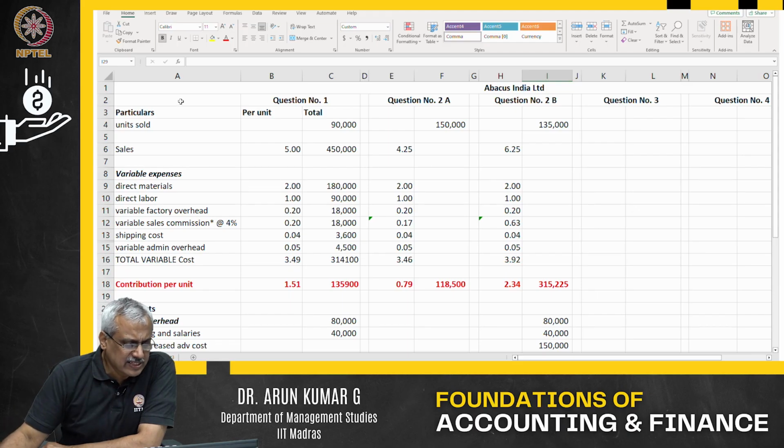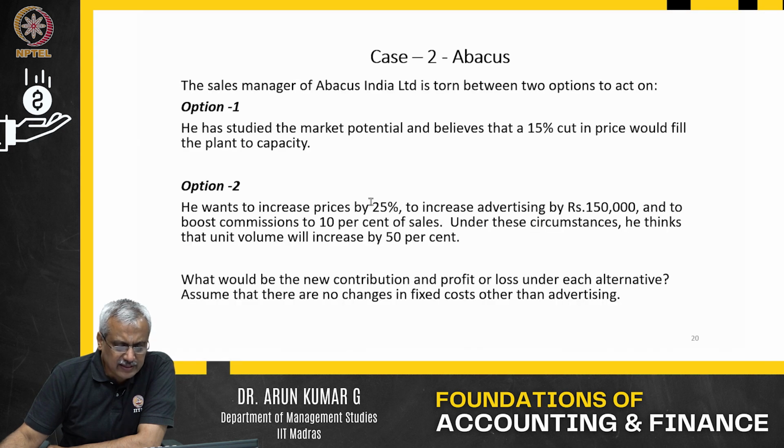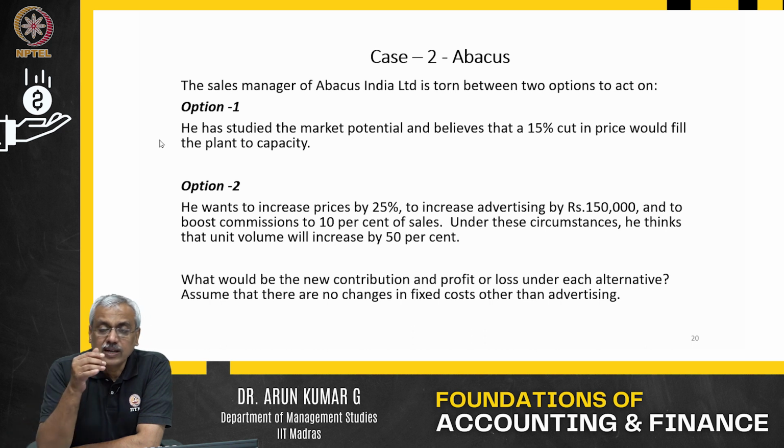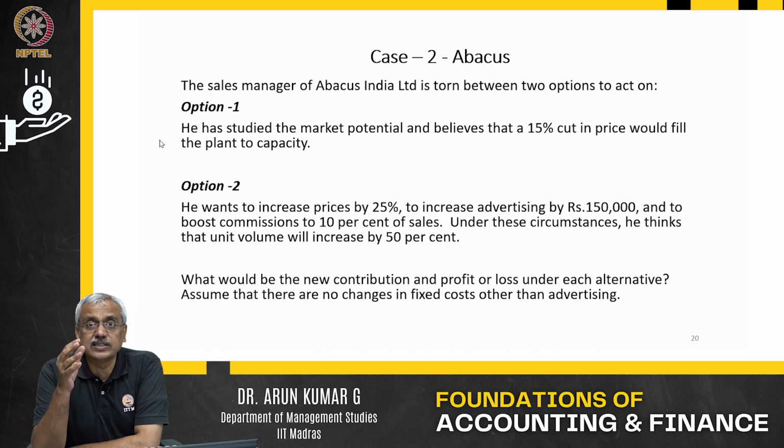And in the last session, we were working on this Abacus case with regard to the break-even and looking at an option where it would be more feasible to run the organization.